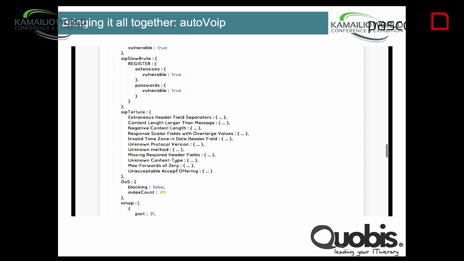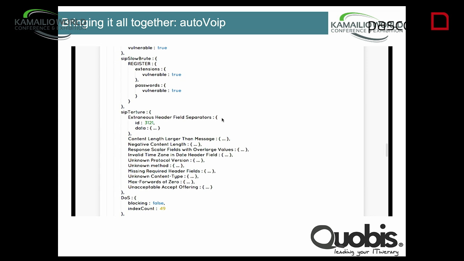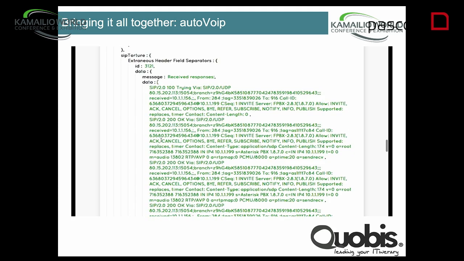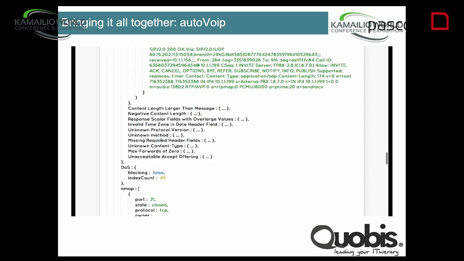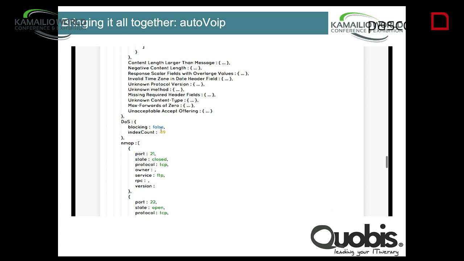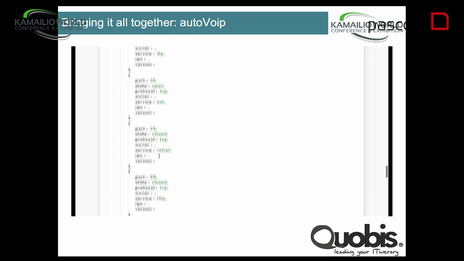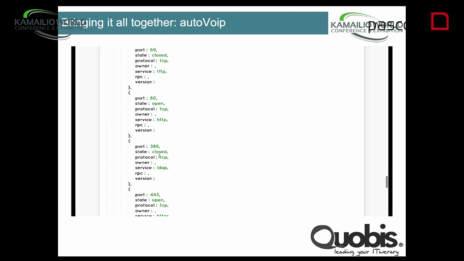So, for example, here we see that we sent 49 SIP packages and they didn't block us. Or here what the SIP torture module did and the responses we got. All the ports that we checked with Nmap to see which ones are open and which ones are not.